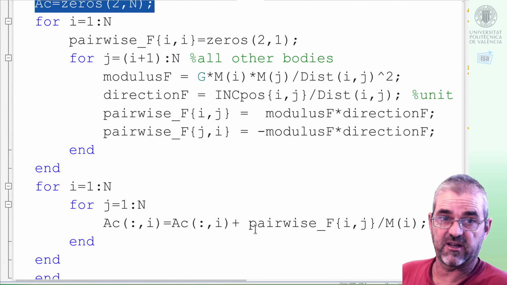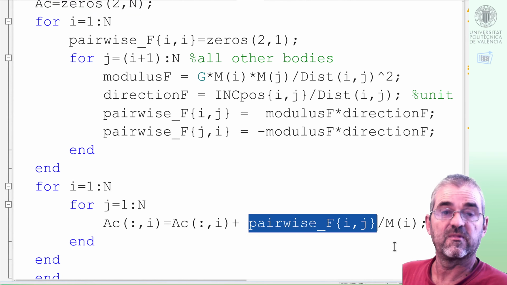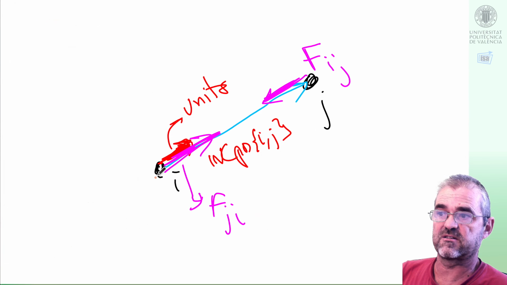And for the second body, I compute the force with body 1 divided by the mass of the second body, then 2,2, which is 0, 2,3, whatever. So I get n² combinations because forces are symmetric, but accelerations are not symmetric, because the masses of body i and body j may be different, so I am dividing by a different factor.